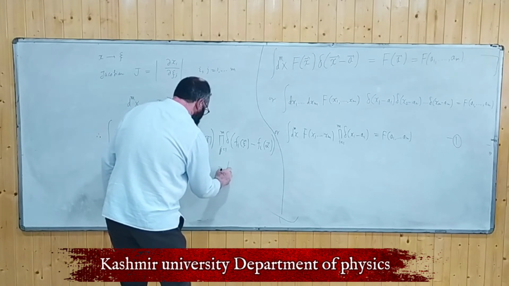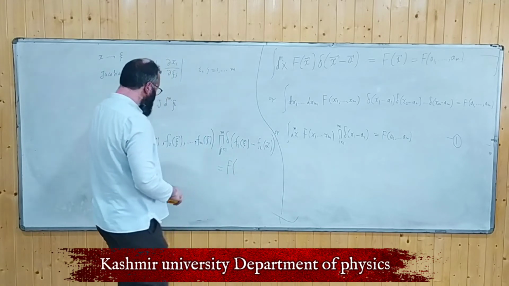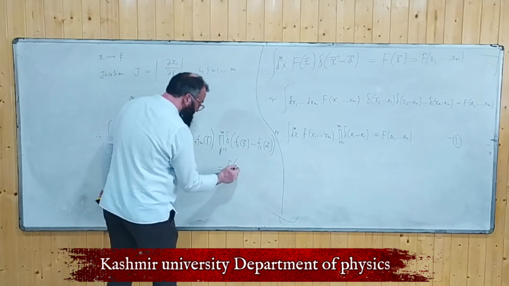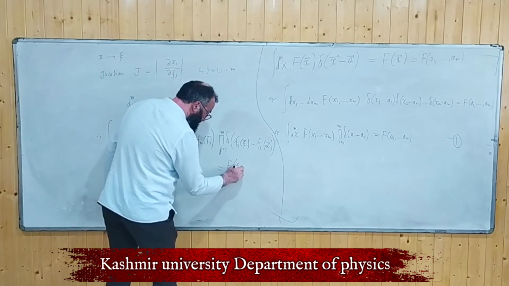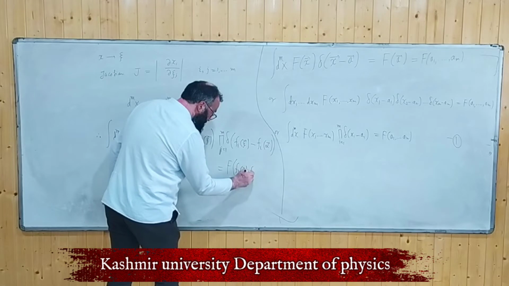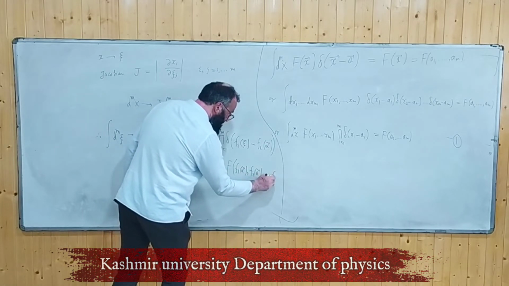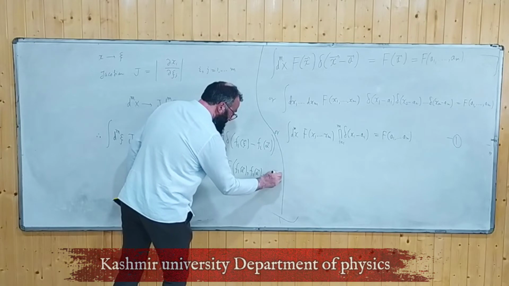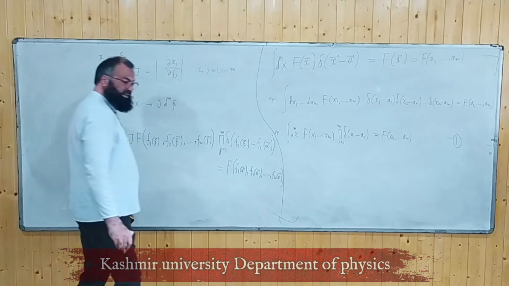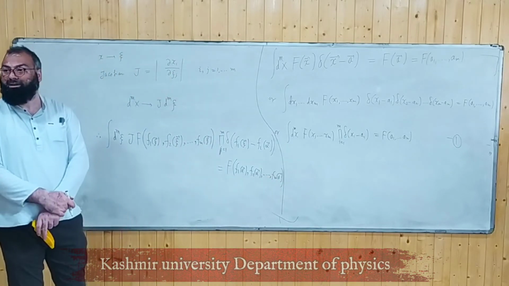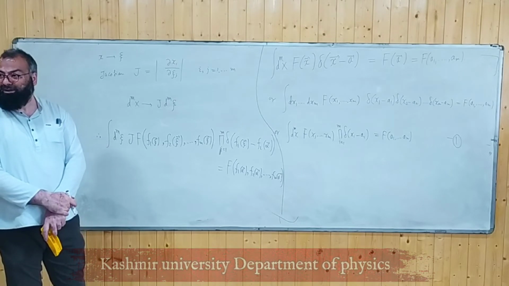Tell me, what is a1? It will be simply f1 of alpha, f2 of alpha, through fm of alpha. Clear? Is it?